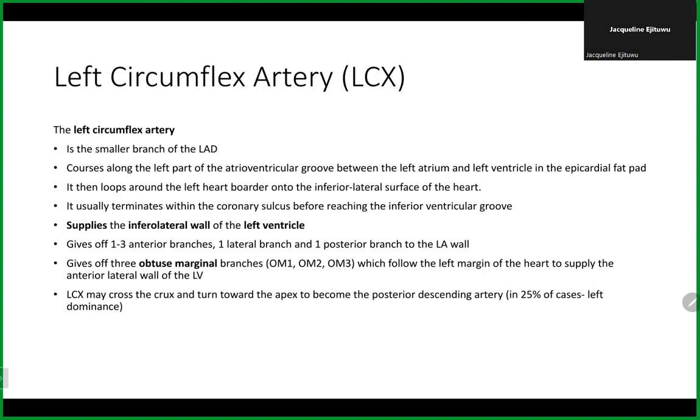These branches follow the left margin of the heart to supply the anterolateral wall of the left ventricle. So the left circumflex may pass beyond the crux of the heart and then turn toward the apex to become the posterior descending artery in 25% of cases, in which we refer to it as the left dominant circulation.